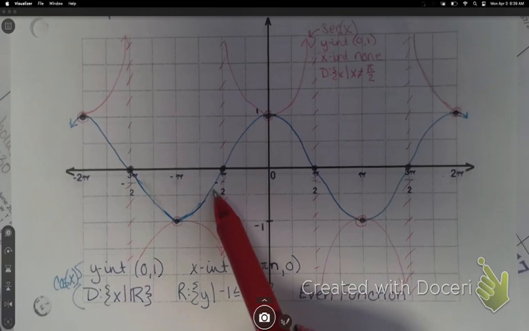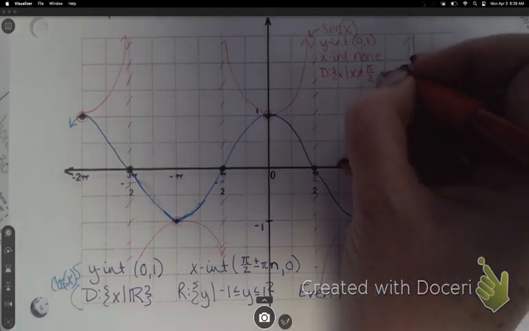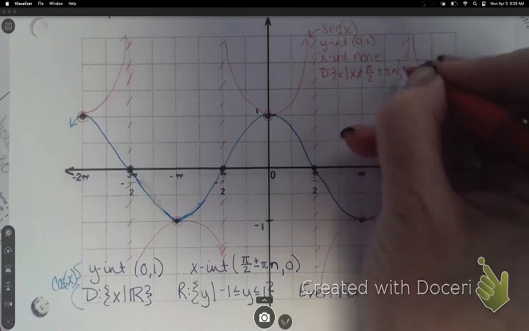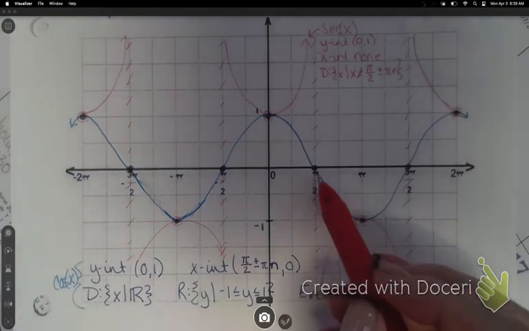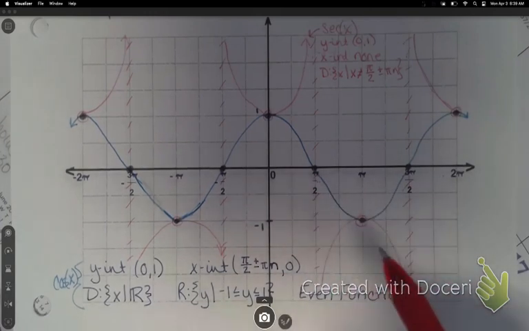From negative pi over 2. How far are those all apart? Half pi. Or not a half pi, a whole pi? 1 pi. Yeah. So plus or minus pi n? It's 3 pi over 2 minus 1 pi over 2 is going to be 2 pi over 2.